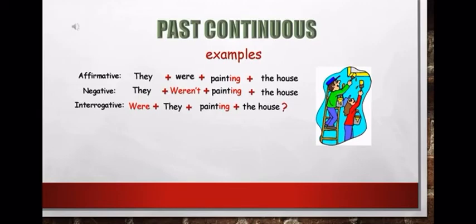Negative sentence: they weren't, verb to be in past, painting, verb plus ing, the house, complement. And the interrogative sentence: were, verb to be in past, auxiliary, they, subject, painting, verb plus ing, the house, complement.